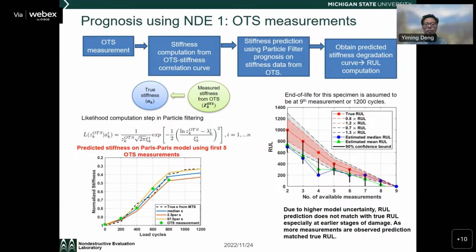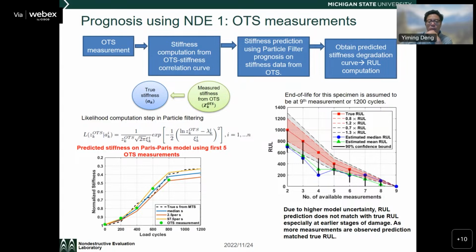Let's test using a single NDE method, OTS, to do the prognosis. The steps of doing prognosis are: you have the OTS measurement, you calculate the stiffness from the OTS-stiffness correlation curve which you obtained before, and predict the stiffness using particle filtering based on the new stiffness data coming from OTS.